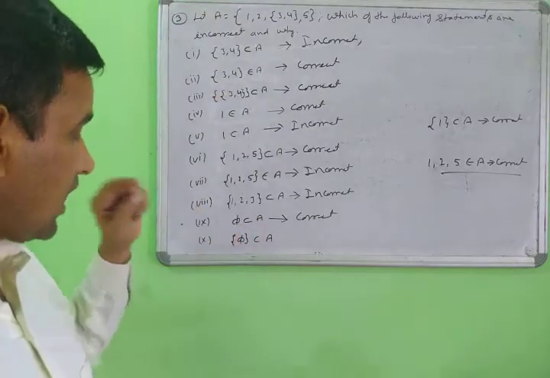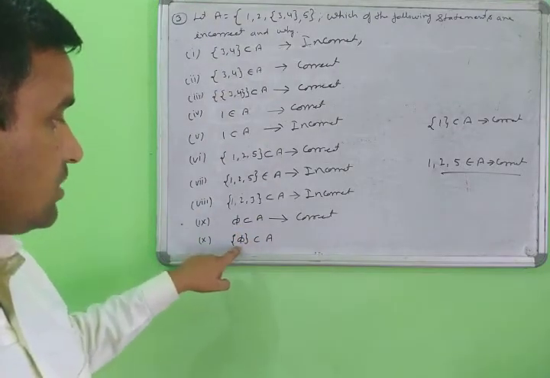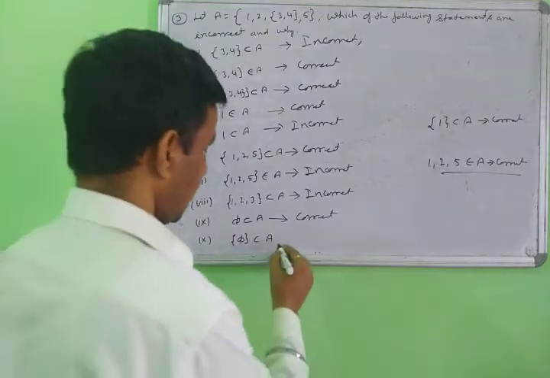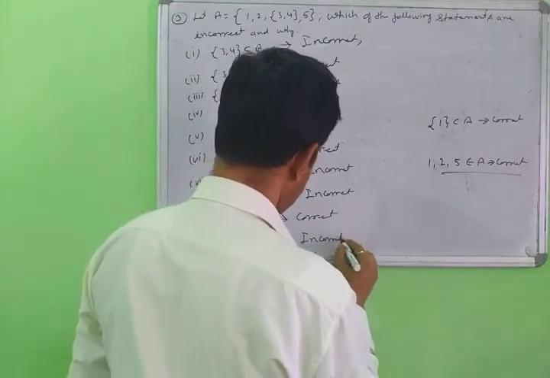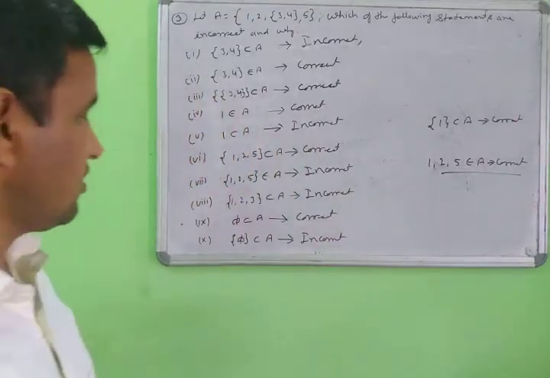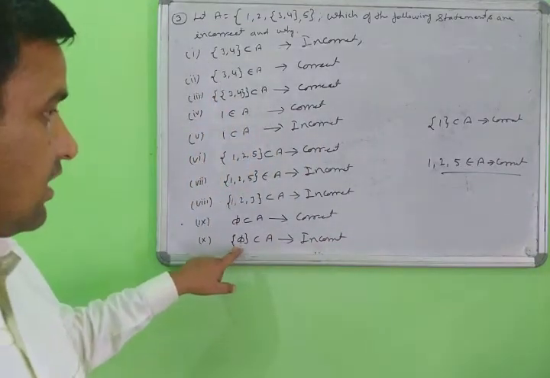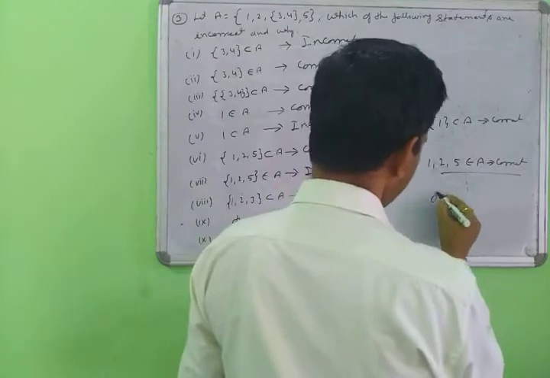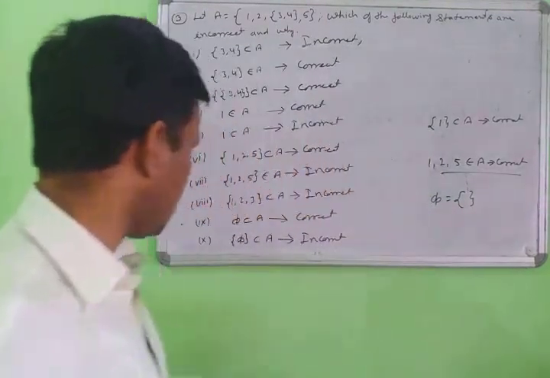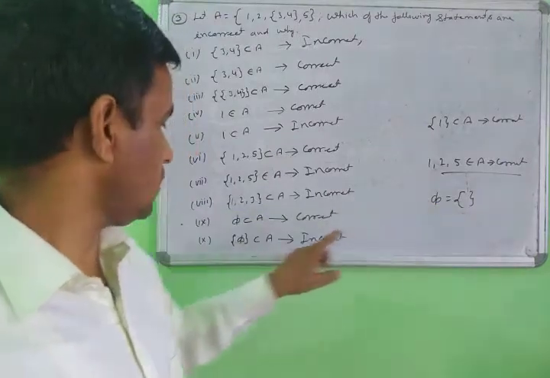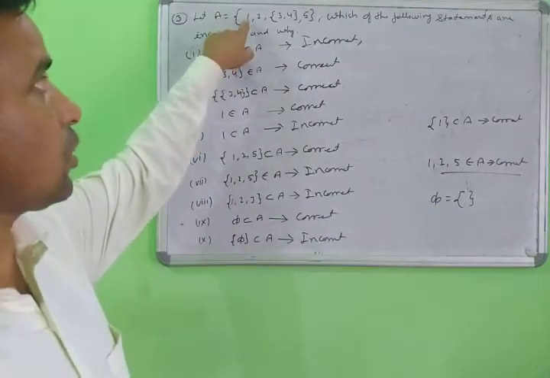Suppose it is not an element, then don't use the bracket here; otherwise it is incorrect, because the empty set is already the null set in this form. It already means the curly bracket, so don't use a curly bracket because it is not a member here.